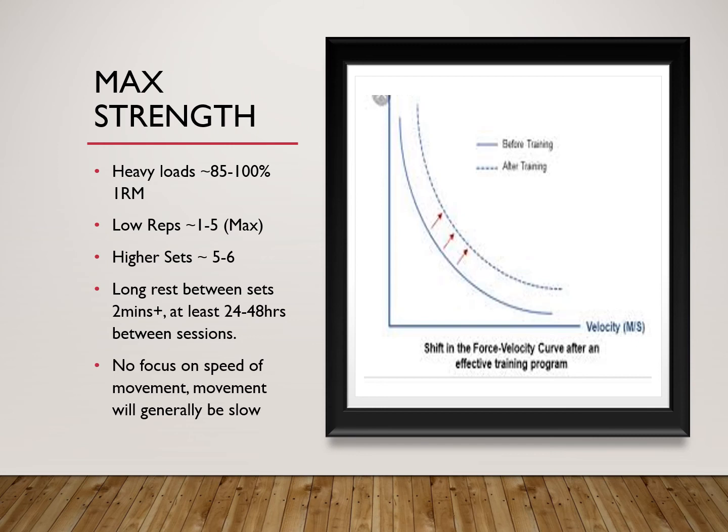Now, it's also important for us to remember there's no focus on speed of movement in this type of training. Whereas in the speed training or power training, there will be a much greater focus on the speed of movement to develop those neuromuscular components, here, for just developing the maximal strength, there's no focus on speed at all.